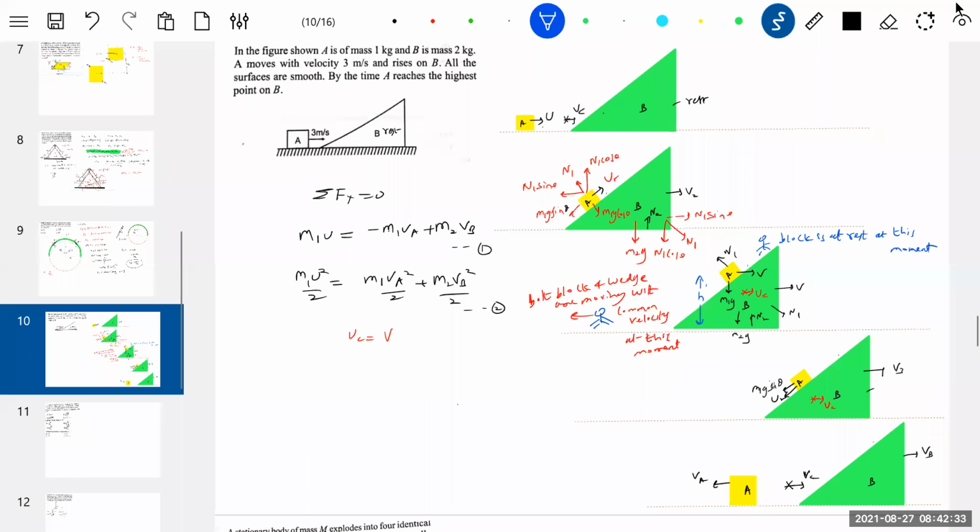Then applying again, m1u equals m1v plus m2v, and v equals m1u over m1 plus m2. This is nothing but the velocity of the center of mass, no? Any reason for that? The net force on the system along the x-axis is 0. Then how to calculate the height to which it will reach?